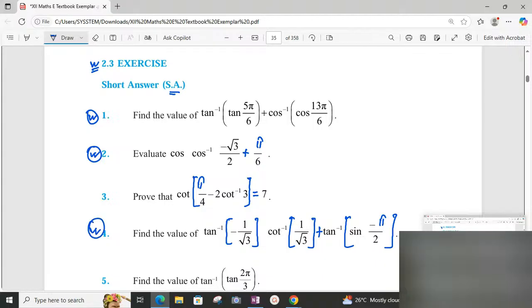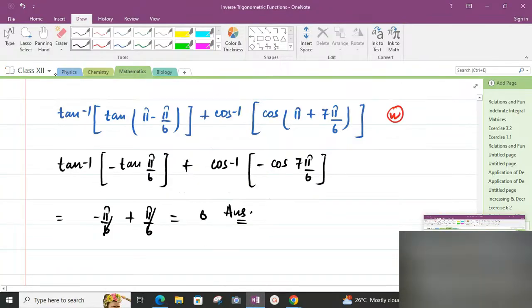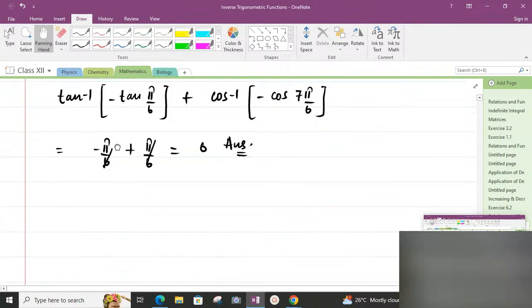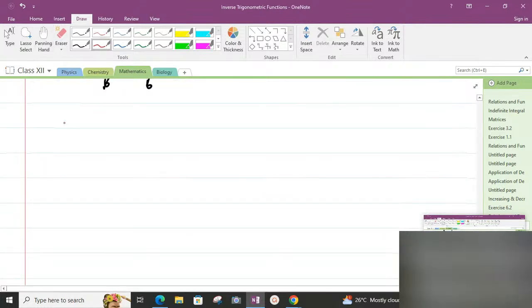See the solution of this question. This question asks us to find the value of, just like question number 1. Let's see the solution of this question. This is question number 4.